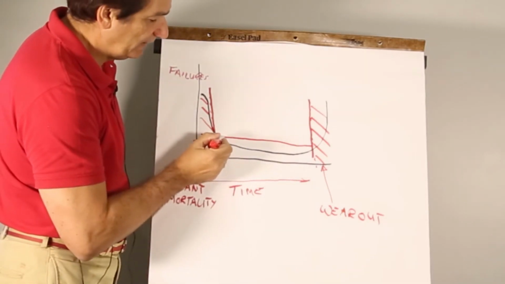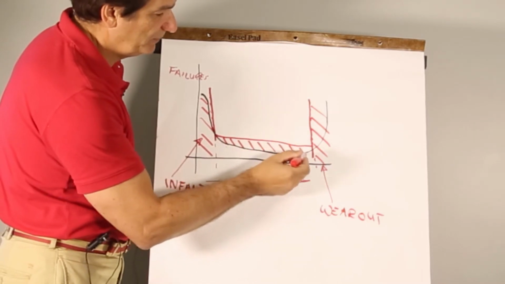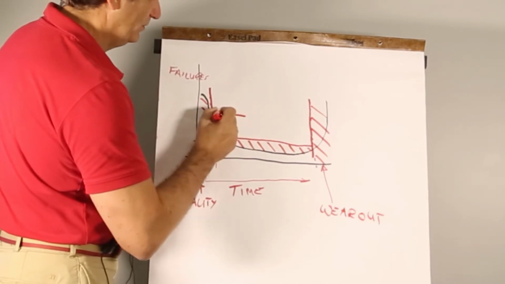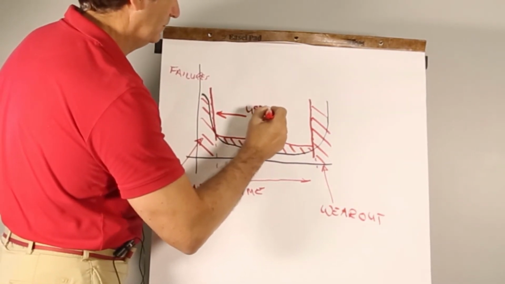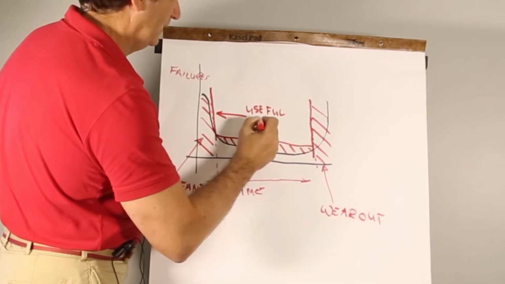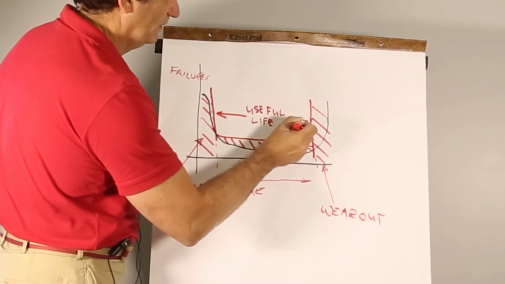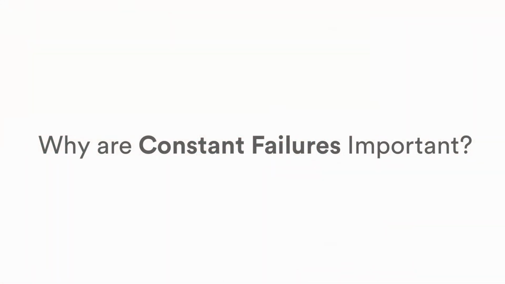We take an average, and as you can see, the average is slightly more pessimistic, which is not a bad idea. And this is known as useful life here. And of course, useful life is during the constant failure rate portion of the curve.